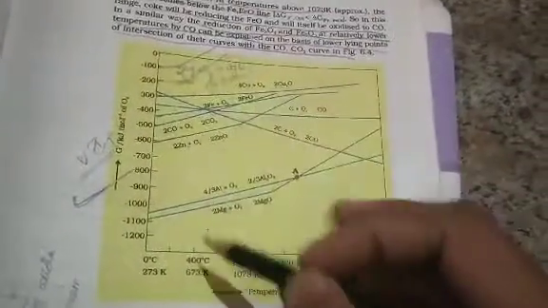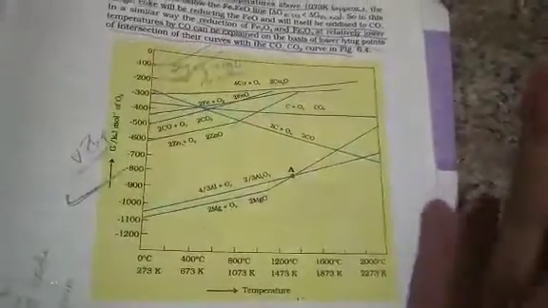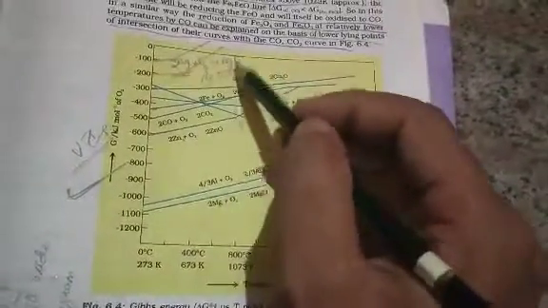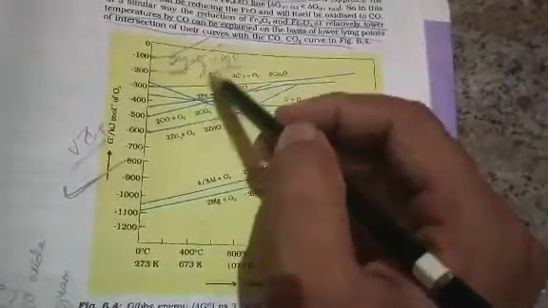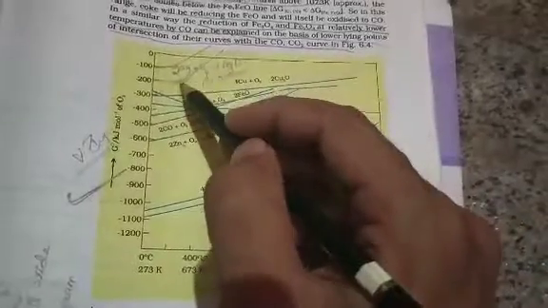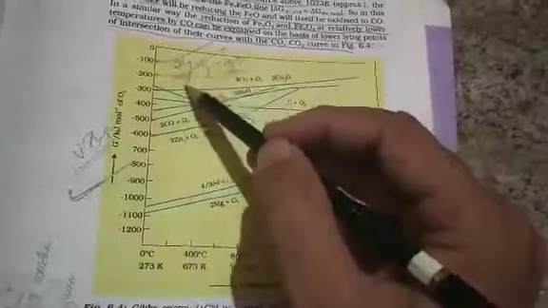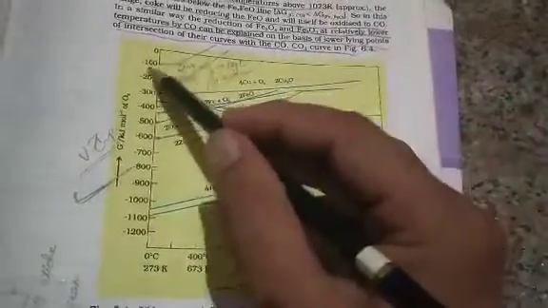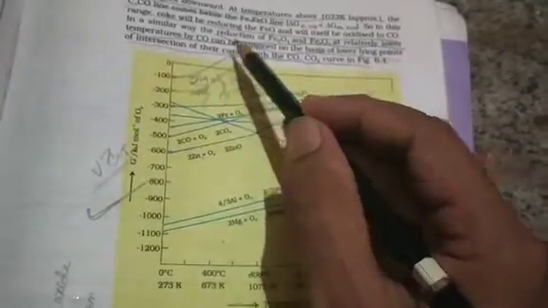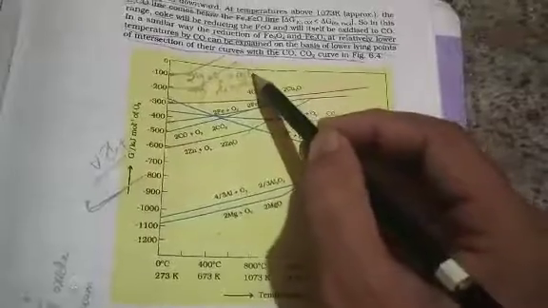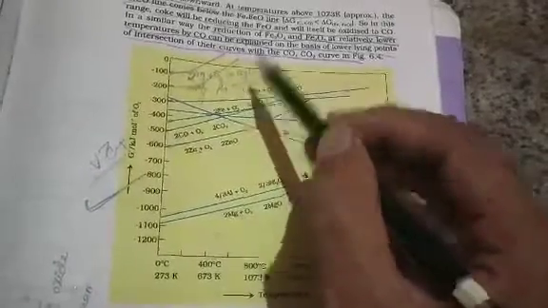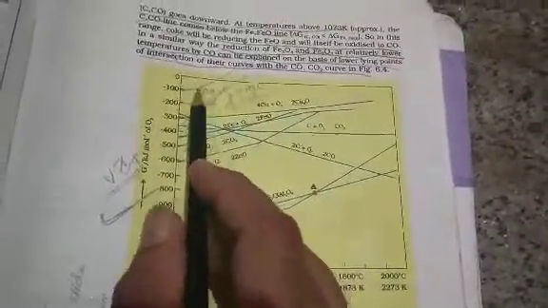HgO and AgO, nearly in the range of 480 degrees Celsius, will decompose on their own to give the respective metals Ag and Hg. Because after that temperature, their delta G is positive and they are becoming unstable, and that is the reason they will decompose on their own without using any reducing agent. They will be giving you the respective metals.